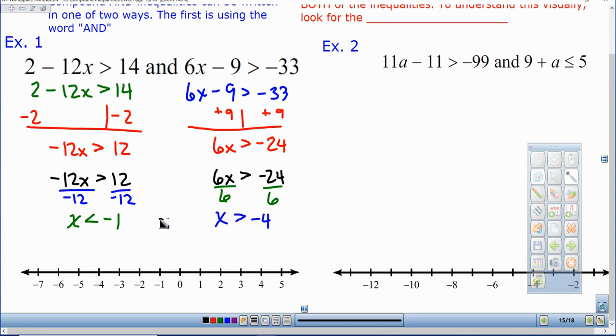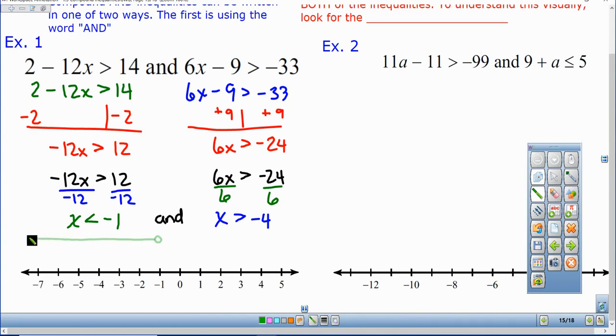So these are the two requirements that are going to be defining our numbers here. In the green, I'm going to do this with a highlighter that's lighter in color. It says any number less than -1. So here's all the numbers less than -1. And the blue says any number greater than -4. So here's -4. I know that's pretty faint. Hopefully you can see that.